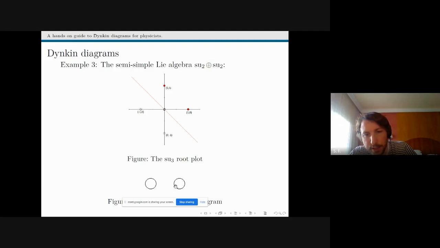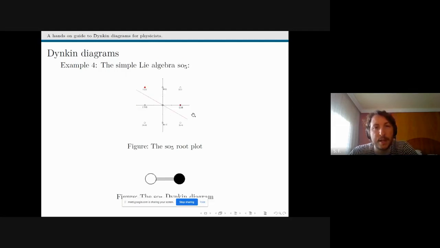So this notation is nice. These are unconnected SU2 algebras. This is a semi-simple algebra. Anytime you have a root plot with disconnected regions, that means you have a direct sum of simple Lie algebras.